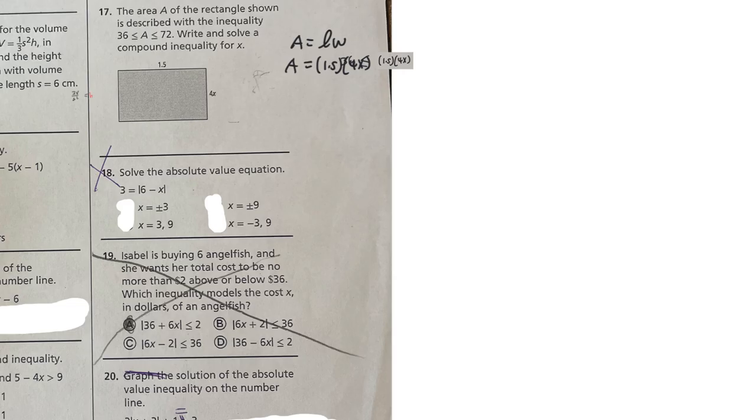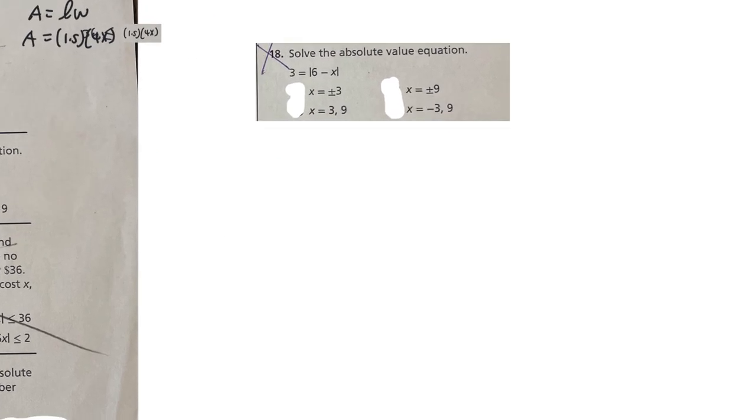Saw the absolute value thing. So, when solving absolute value equations, I'm just going to make it look like this because that's typically how it's written. The first step is to always get the absolute value part, which is this part, by itself on one side of the equal sign.